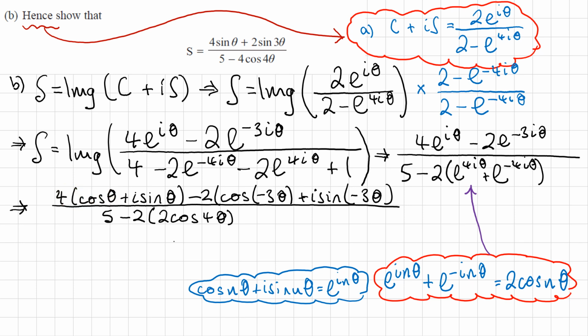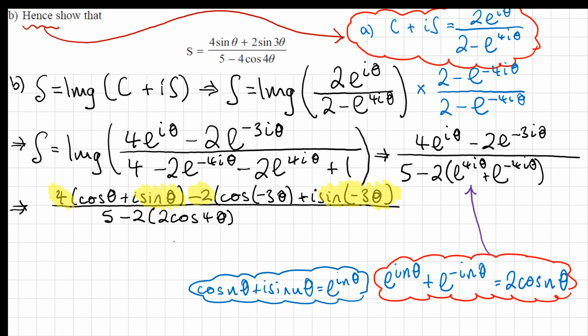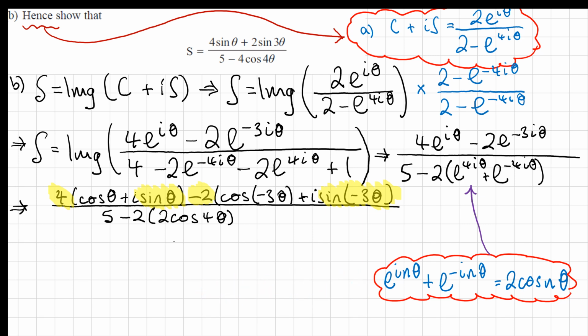I want the imaginary part, so 4 i sine theta, or just 4 sine theta, sorry, is going to be imaginary, and then minus 2 times sine negative 3 theta is also going to be imaginary. So let's make a little bit of space, and now we can turn our attention to working out the imaginary part of the numerator.